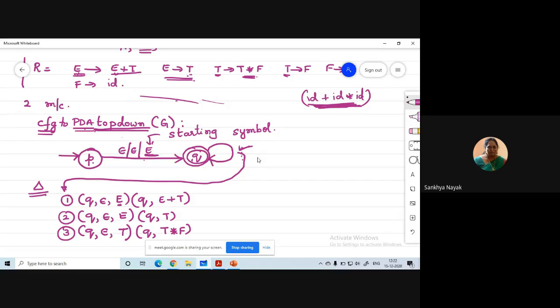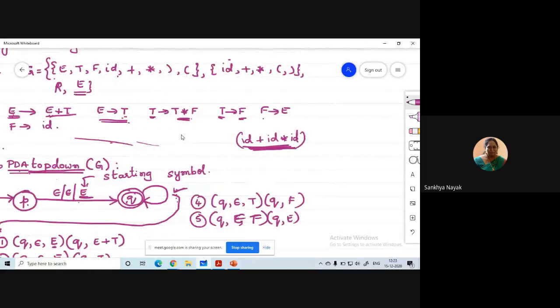Or the T can also be replaced by another right hand side, that is F. Next, if F is there, it can be replaced by E inside the bracket, because F derives E inside the bracket, correct?